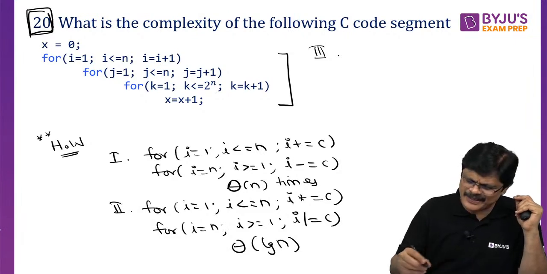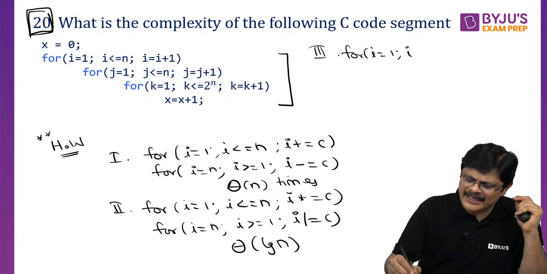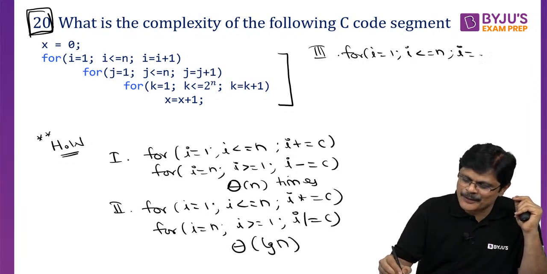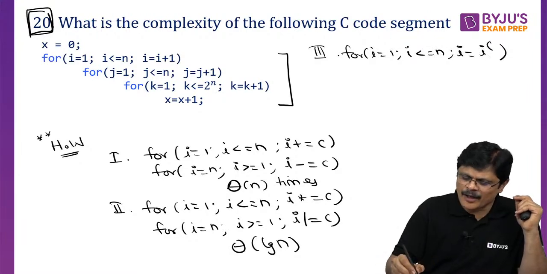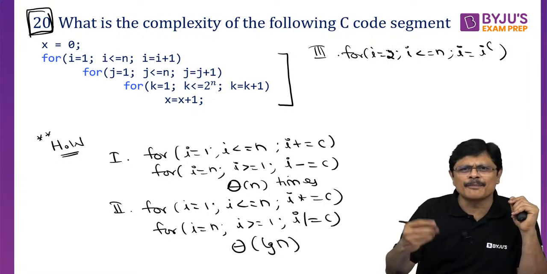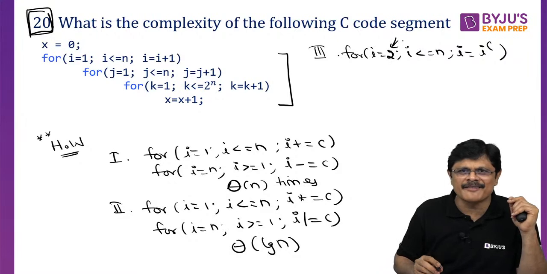Yes, perfect sir. Rule 2 is for i = 1, i <= n, and i = i power c. Generally here we don't take 1 because log 1 will be 0. So take 2, some constant. Here you can use 2, 3, 4 or any other constant, my dear friends.